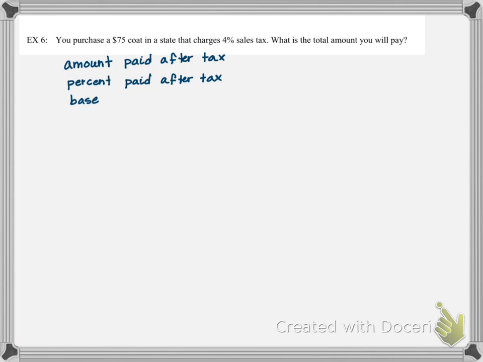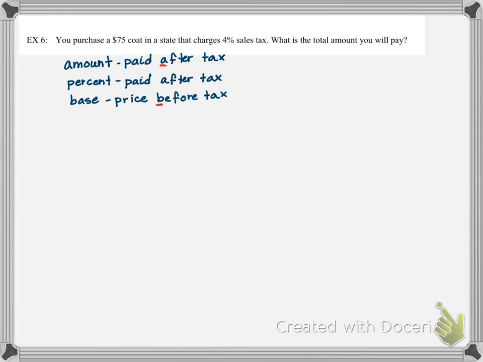And then that means my base is the price before tax. One simple way to remember what goes where is that base starts with B and amount starts with A, as do before and after, right? So the amount is always after the change, the base is always before the change. And this one you can do another way. You can make the amount and the percent the amount and percent of the tax, so the 4%.